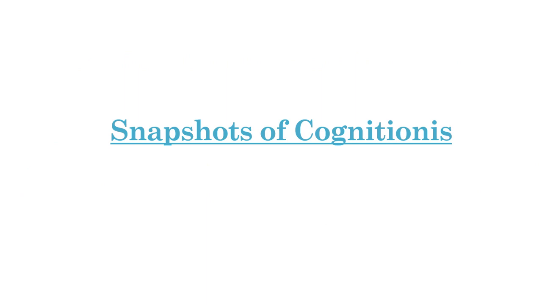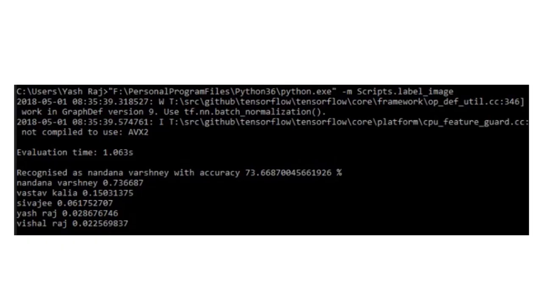So here are some snapshots of COGNITIONIS. The first sample we are showing is of an authorized person. The image here is captured through the app and then uploaded to the database. Then the program is run and the image is recognized as that of Nandana Vashne with an accuracy of approximately 73.66%.